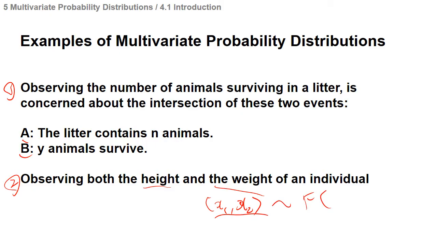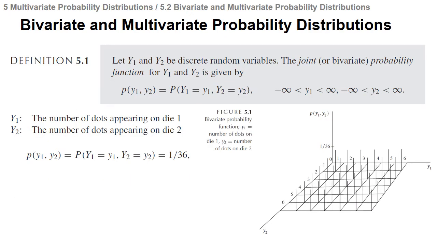Okay, so here are two examples of multivariate probability distributions, and let's look at more details in the later slides. Chapter 5.2 is about bivariate and multivariate probability distributions.